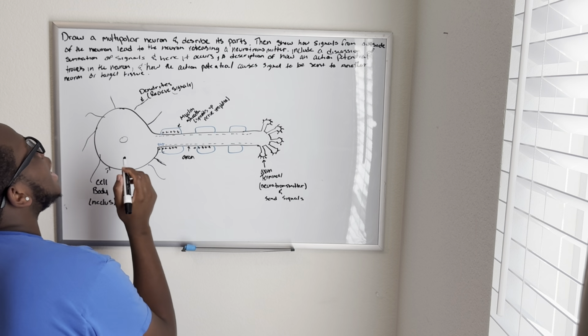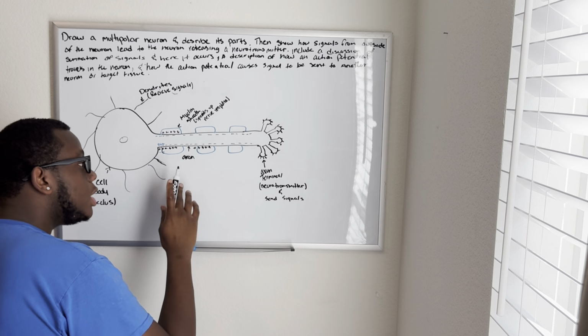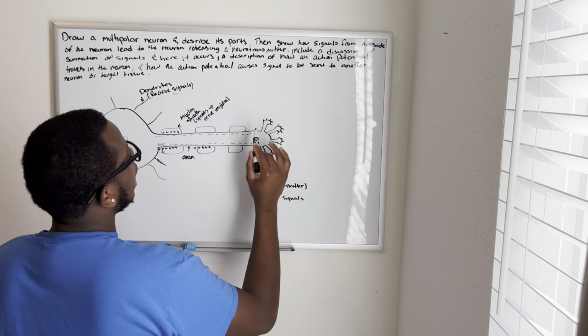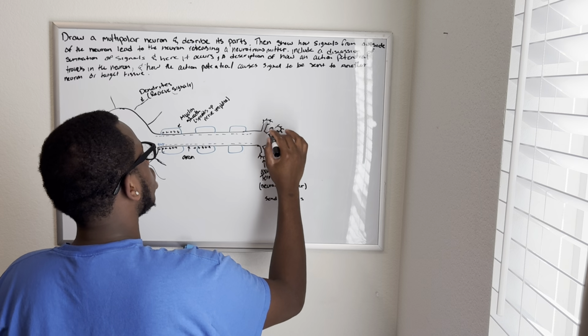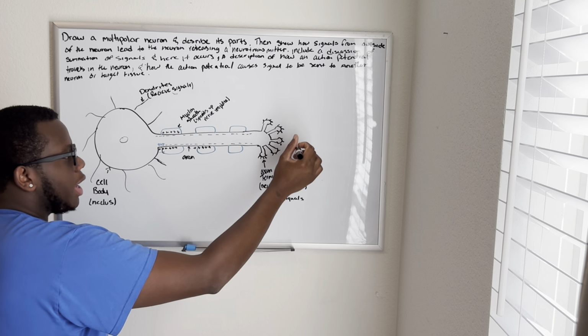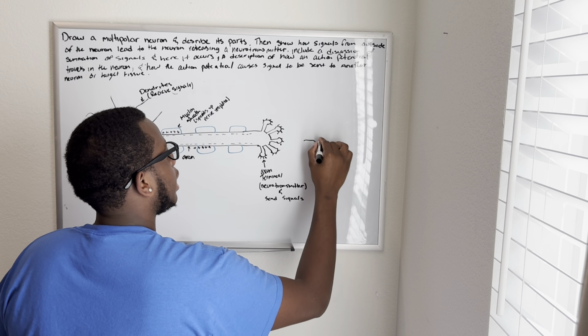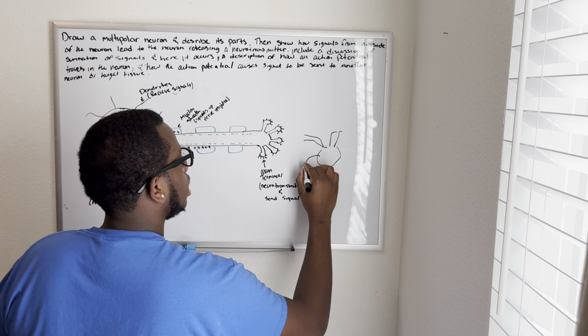All right, so once the action potential goes throughout the cell and reaches the axon terminals, which connect to other dendrites of another neuron, let's say this is our neuron.